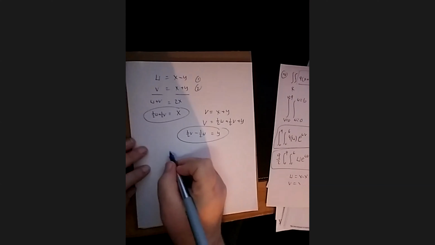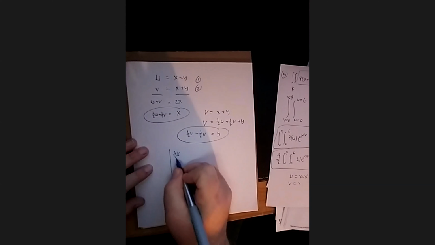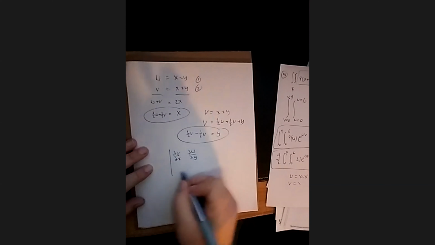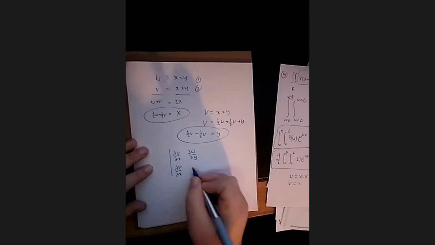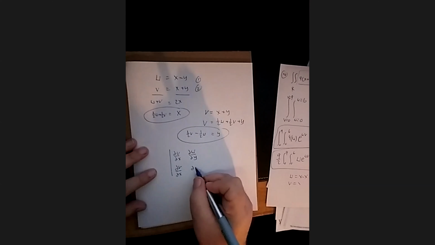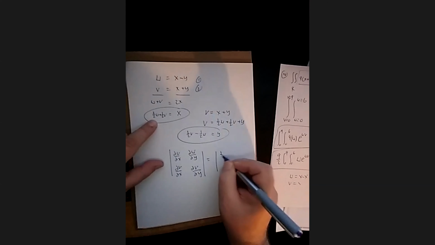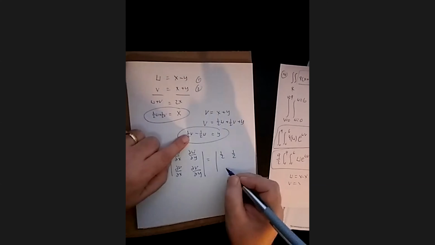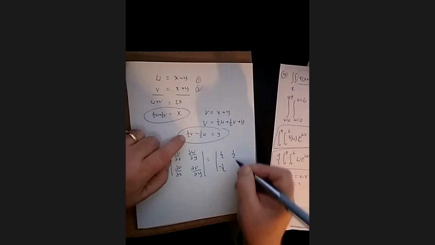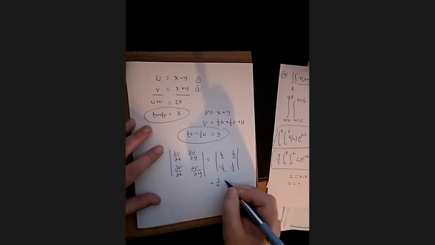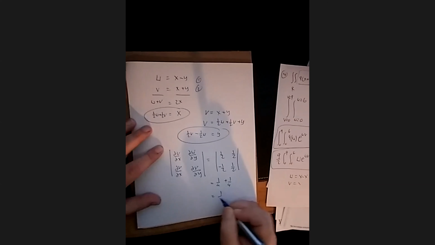Now, if I then go back and do my correct Jacobian, try not to screw up here. This guy gets you a half, this guy gets you a half, this guy here gets you negative a half, and this guy here gets you a half. And so you get a quarter, take away a quarter, there you get the answer a half.